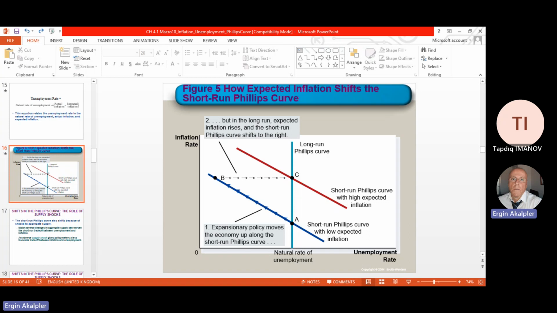And as you observe, again, the long-run Phillips curve stays intact, it is not changing, and the natural rate of unemployment also stays on the same line, but this shifts only the short-run Phillips curve, where the high expected inflation is supposed to be realized.